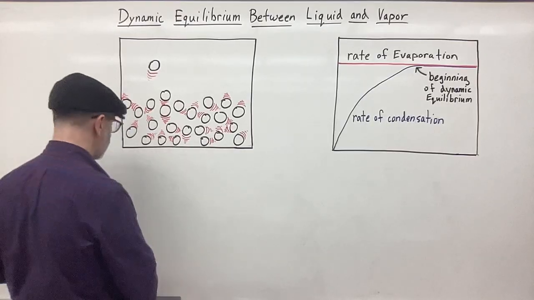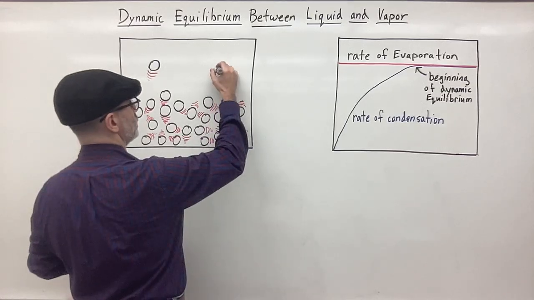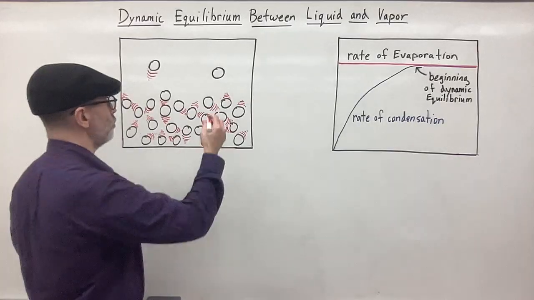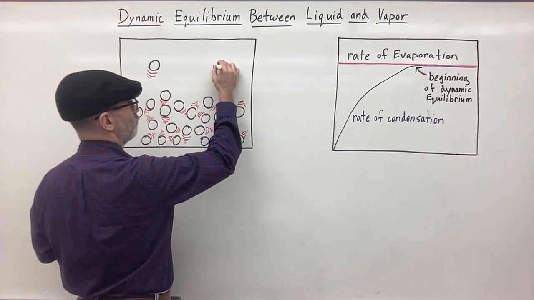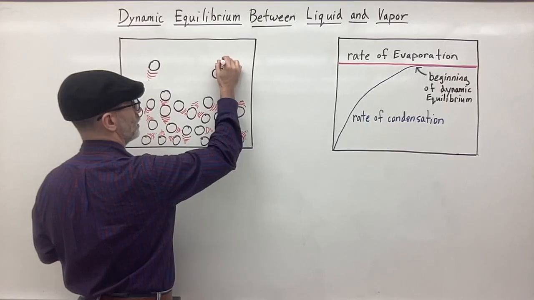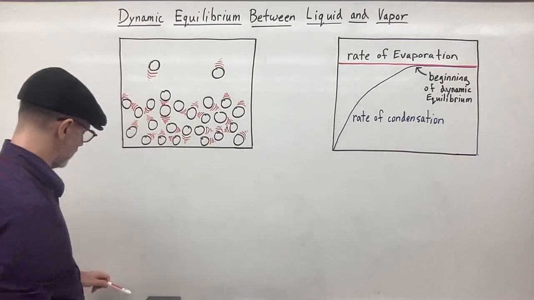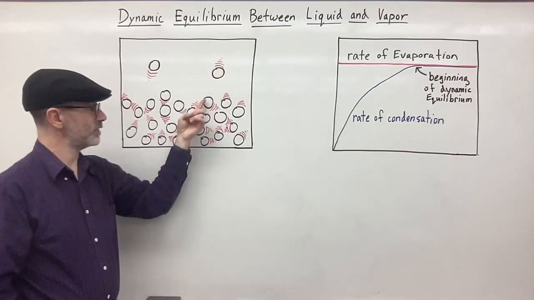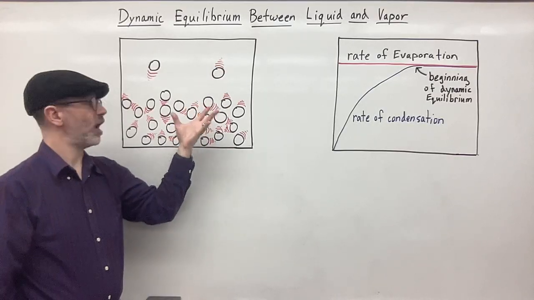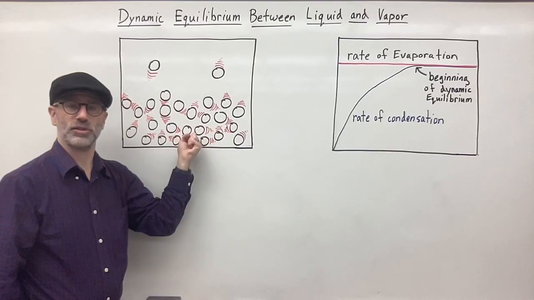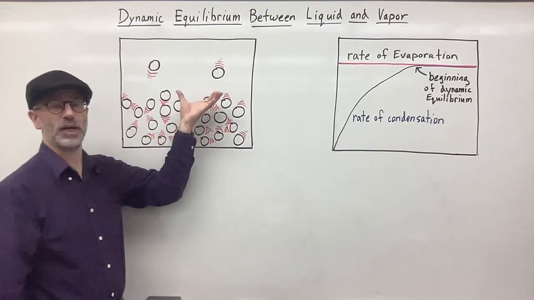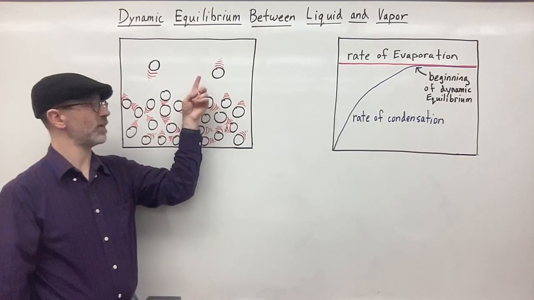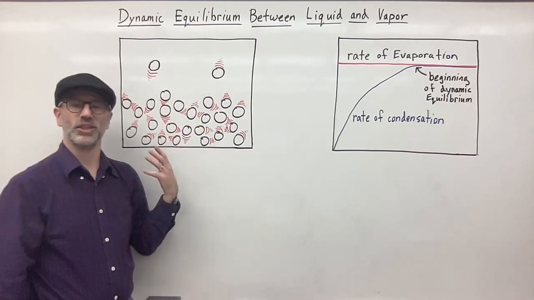So let me draw another particle. Condensation will occur when you have a particle in the vapor phase, a water molecule in this example. If it hits the surface again, it could be sucked back into the liquid phase if the attractions are strong enough and if the kinetic energy of the molecule is low enough.